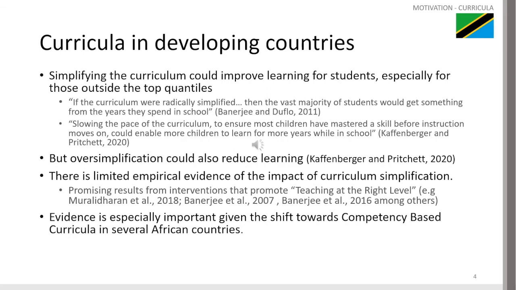There are promising results from interventions that promote teaching at the right level, computer-aided instruction, remedial education, among others. But again, we need more of this type of evidence. And I think this is especially important now, given what we're seeing in many different developing countries, which are curriculum shifts towards what is known as competency-based curricula.